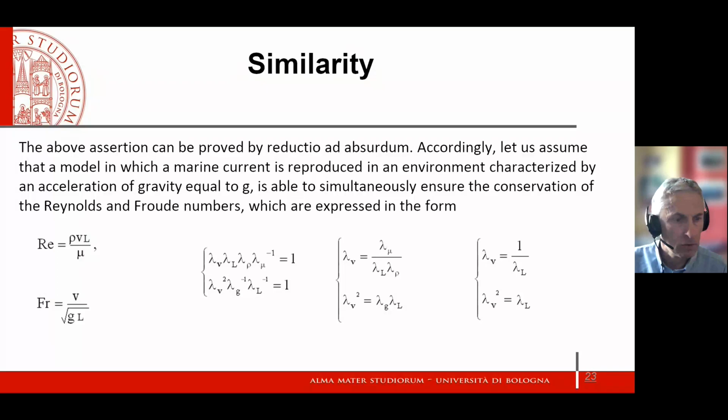If in a fluid mechanics problem, I impose the conservation of the Reynolds number and the Froude number, I get a change in unit for velocity that is incompatible. So what is the conclusion?